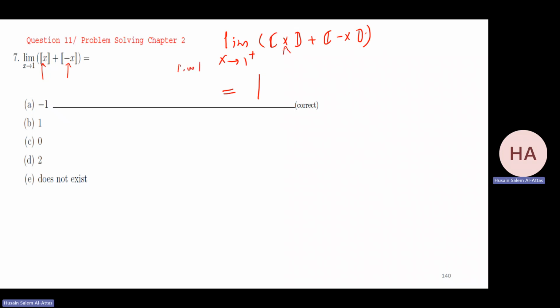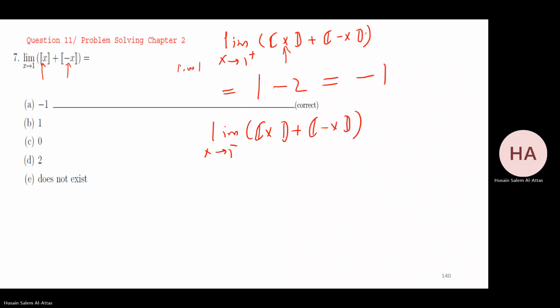Take it here, you're getting 1 minus 1.01, it will be minus 2. So the answer is minus 1. Take it from the left. So take something like 0.99, put it here, it will be 0. Minus 0.99, it will be minus 1. So this limit equals minus 1.